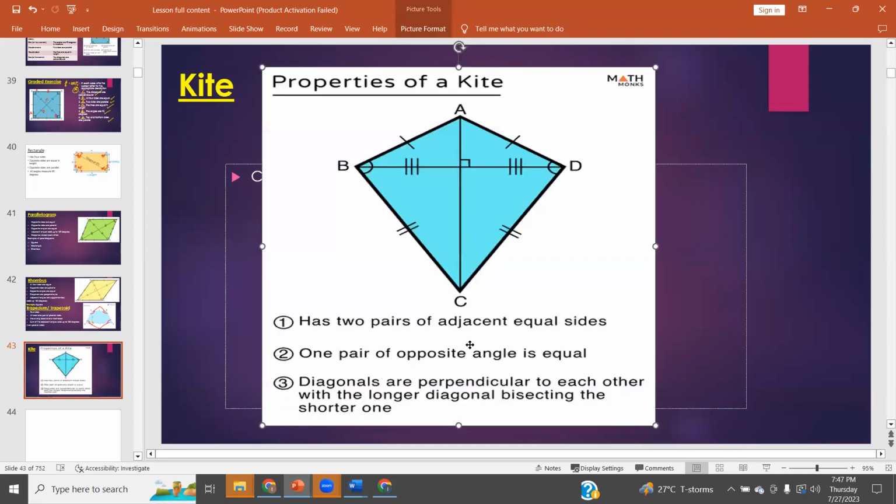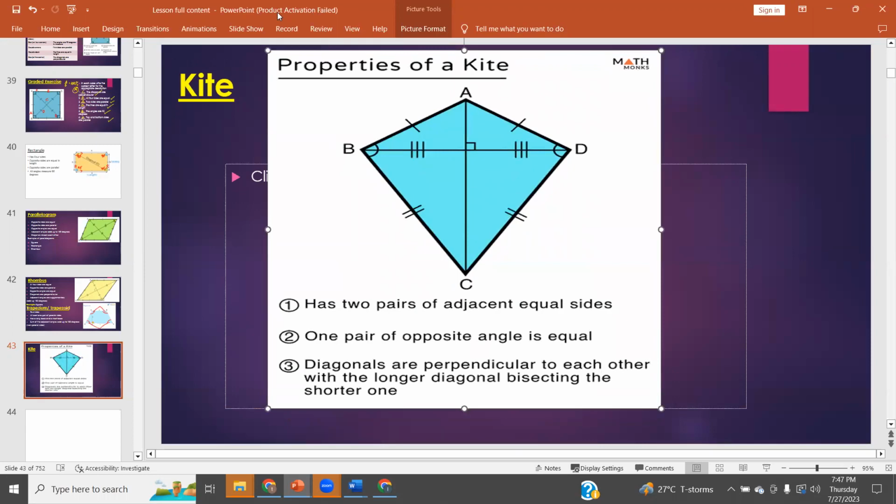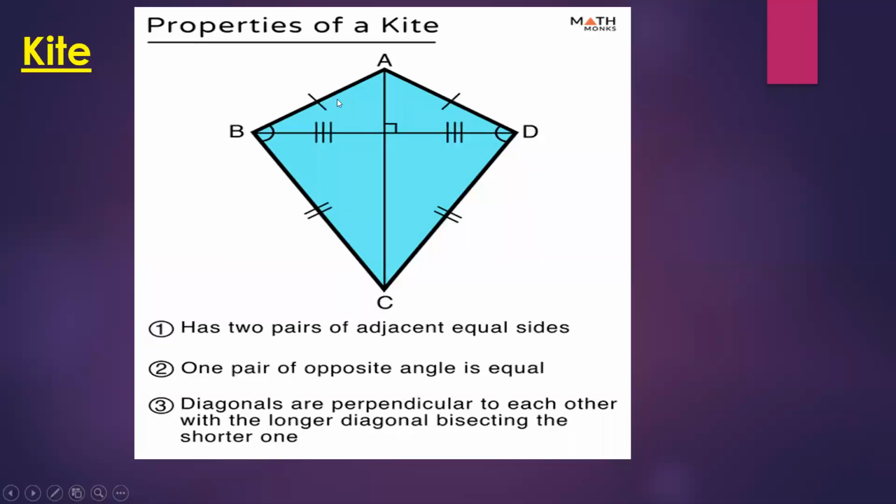So with the kite, we know that side BA and AD are equal in measure, right? The next thing we know is that BC and CD are equal.